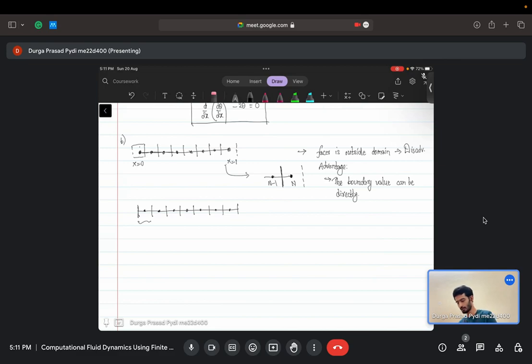In the second case, the advantage is all the faces are within the domain. Obviously, the disadvantage is that the boundary points need to be approximated separately.